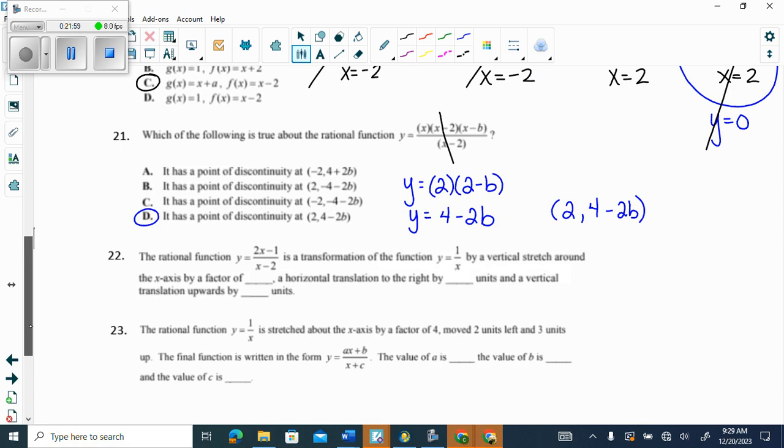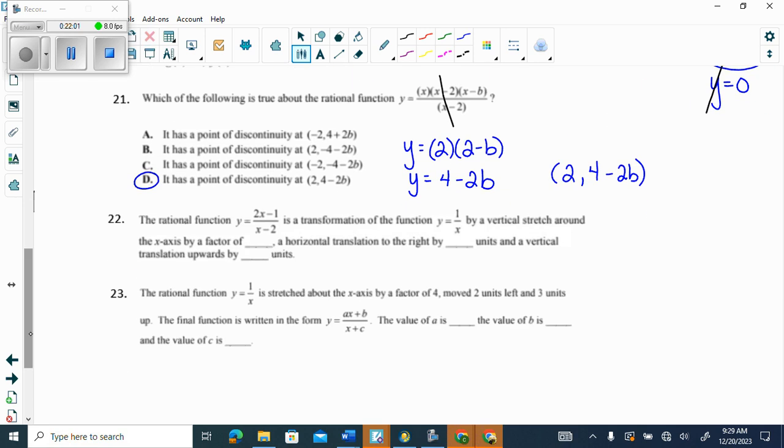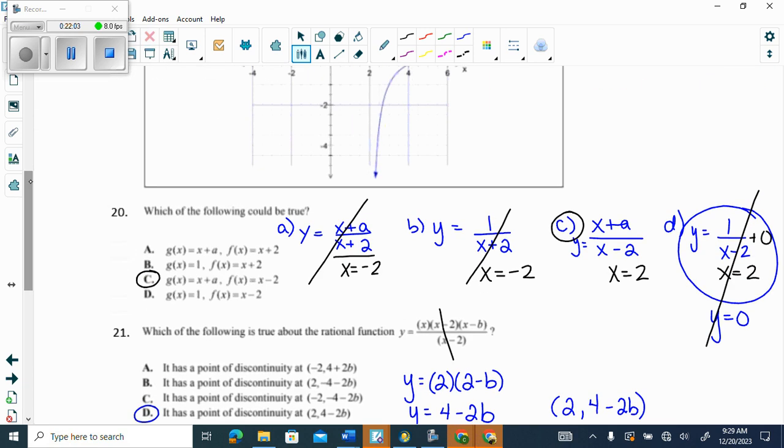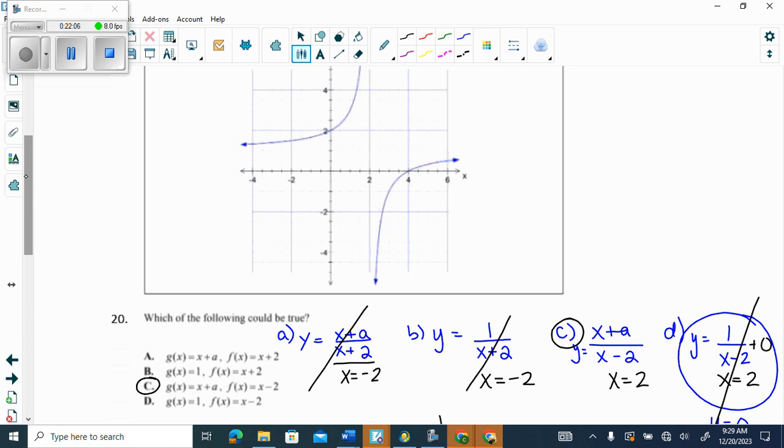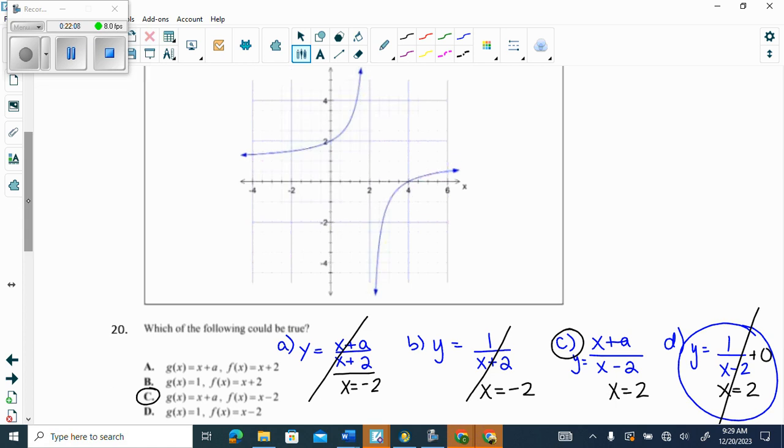Wait, sorry, why is 1C again? Because the asymptote is at y equals 1. Yeah. And that one is at y equals 0, and that one is at x plus a. So a just would have to be -1. Okay. That's why it says which could be true. It's not saying is true.